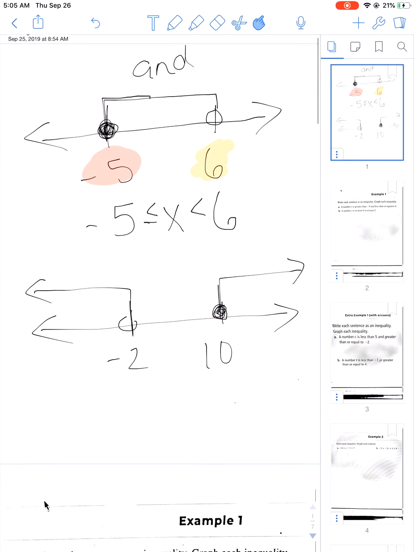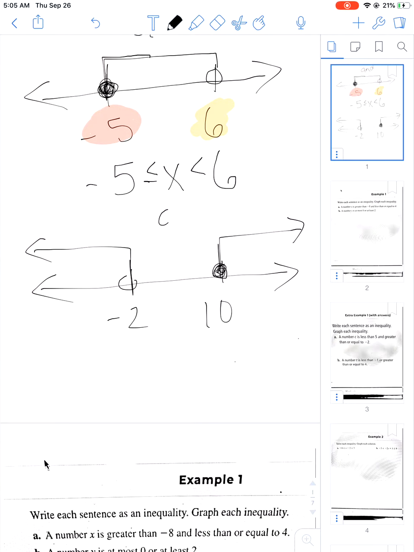The other one we have here is an or. Now an or is basically two separate inequalities. So I like to pretend that this one isn't here, and I just ask myself, how would I write this? Well, this one says x is smaller than -2 because I'm using all of the numbers that are smaller than -2.